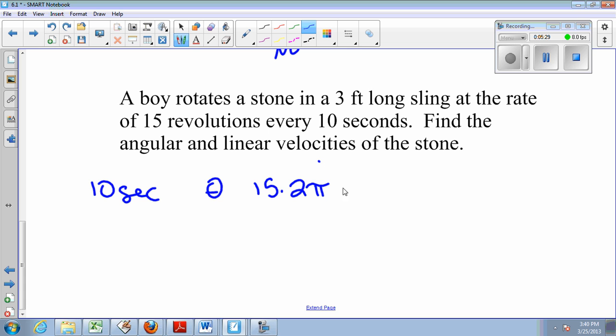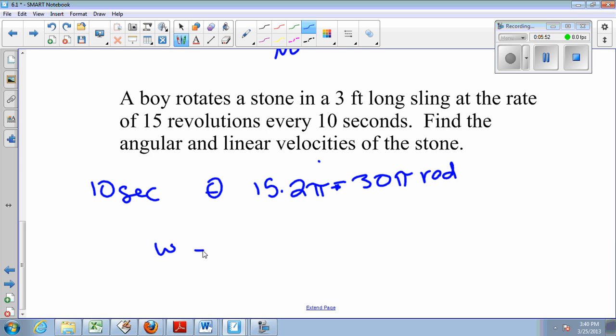Oops, I'm sorry, r is not in play yet, and so that gives us 30 pi radians.